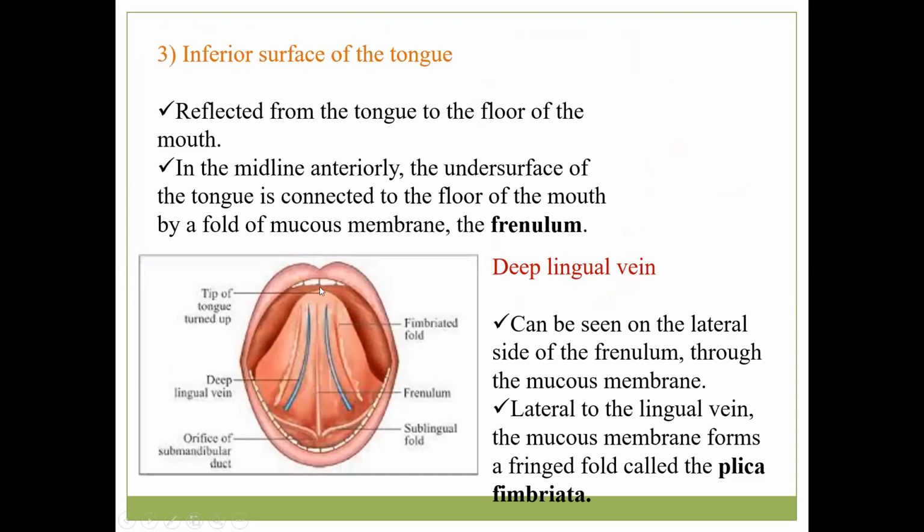Then we come to the inferior surface of the tongue. I have previously described this briefly. On that inferior surface, you have this midline frenulum, and on either side of that you can see the deep lingual vein, and then the sublingual fold, then the submandibular duct orifice.